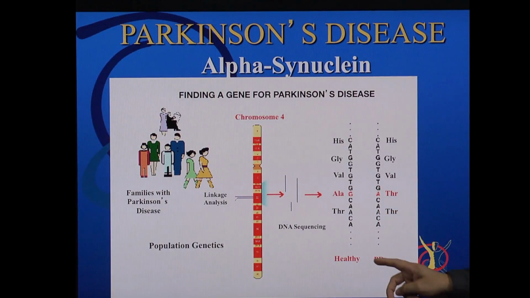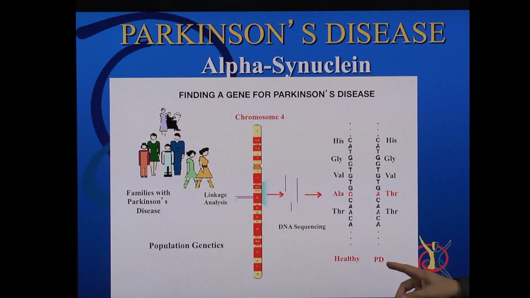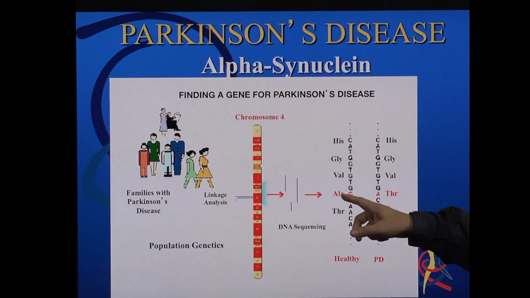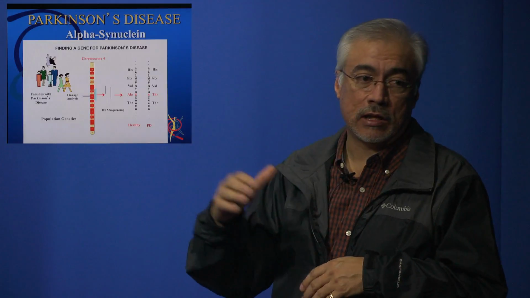And what happened is that there is a difference in one amino acid between healthy and Parkinson's disease individuals. There is only one change right here, from alanine to threonine. There is one nucleotide change, and that change in that nucleotide is enough to trigger the disease.